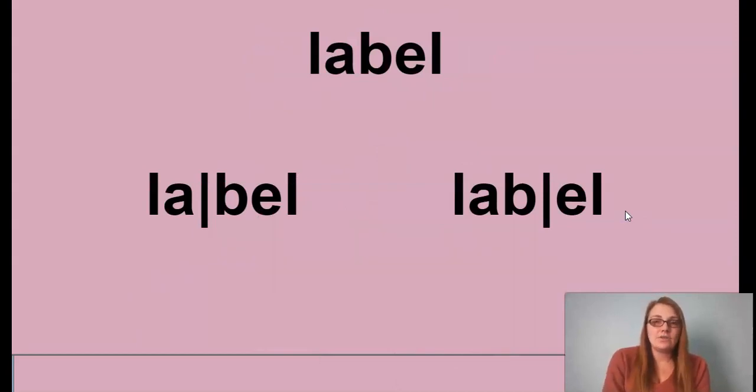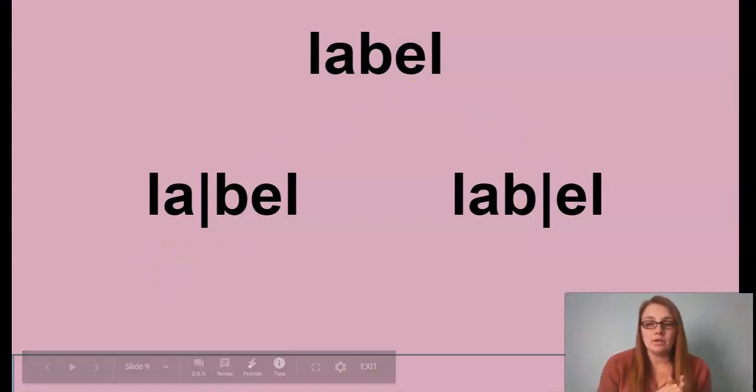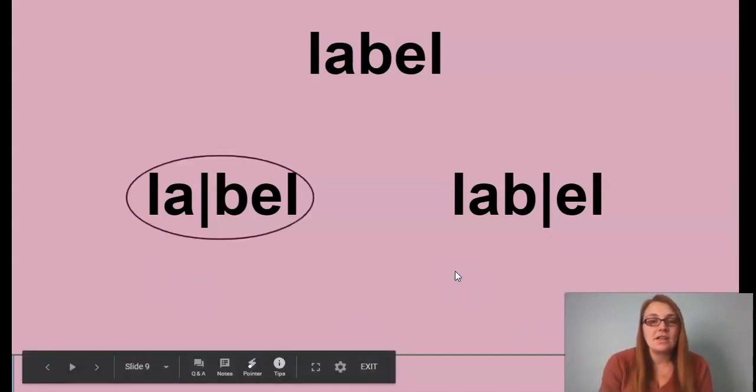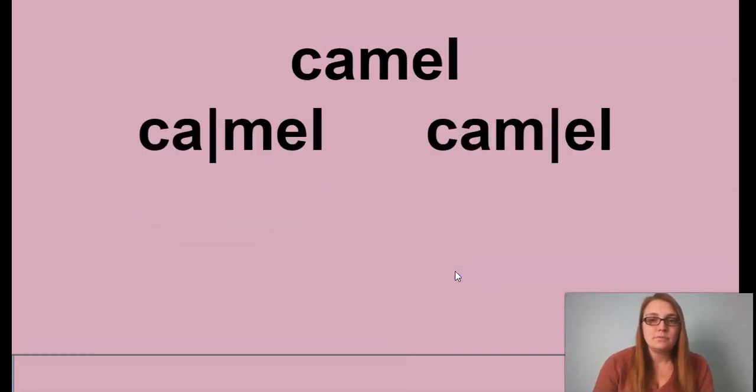So, on the screen, on the top you'll see the word, on the bottom the long line indicates the break between the two syllables. So is this word label or label? Very good. It is label. Next word.